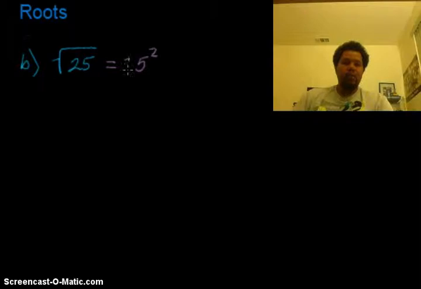They want us to find the square root of 25. So we think of 25 as 5 squared, thinking of the definition we just had of square roots. So 5 squared equals 25, therefore the square root of 25 is 5.